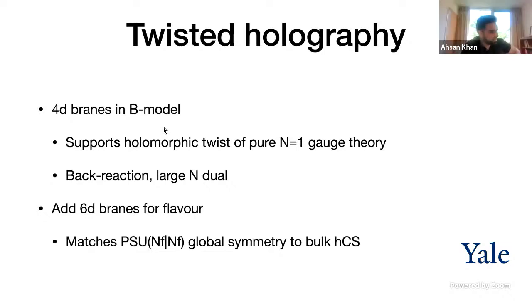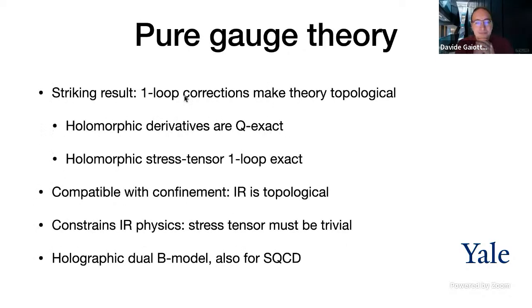Can I ask a few things? Yeah, so I wanted to ask a little bit about this statement that the pure gauge theory holomorphic twist actually turns out to be topological. Can I interpret the statement in the following way?